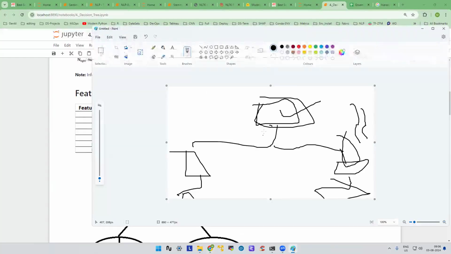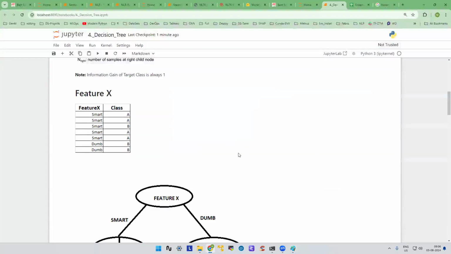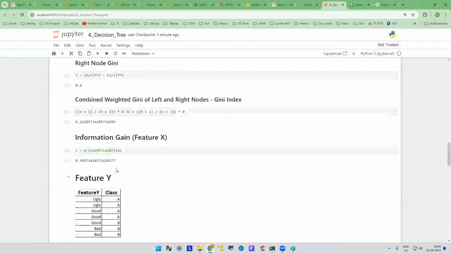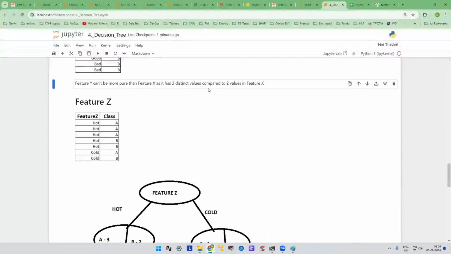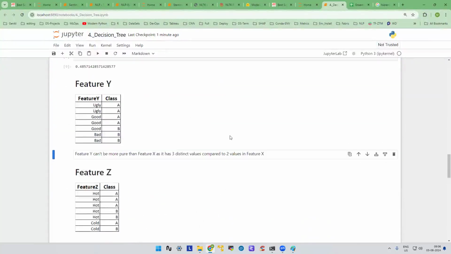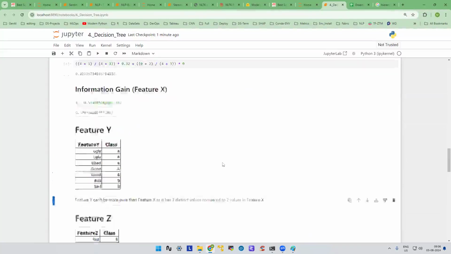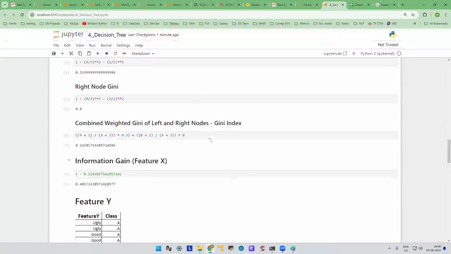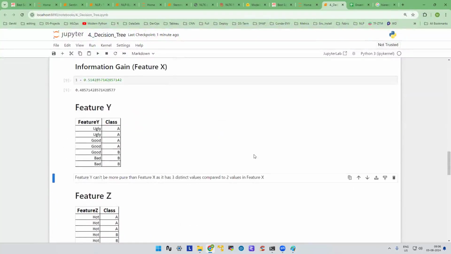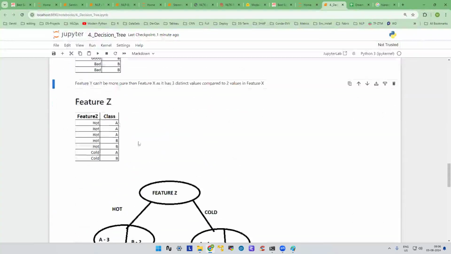I thought it would be easier to classify this way, rather than making it more complex to navigate. We can even calculate for Y, but I have skipped it, thinking the purity would be much bigger than X. So I have calculated only for feature X and feature Z.